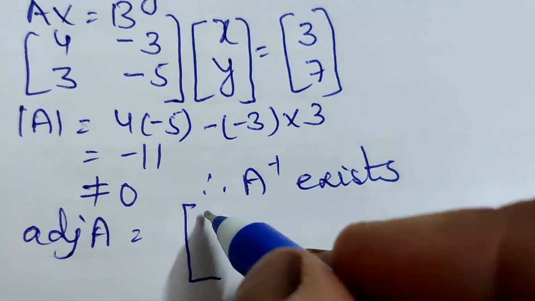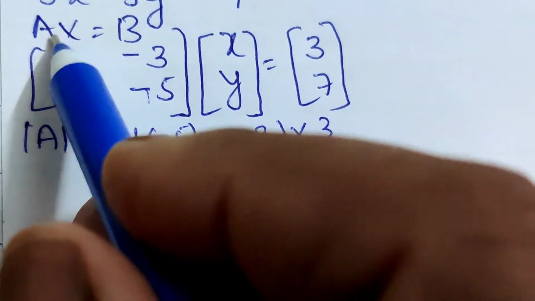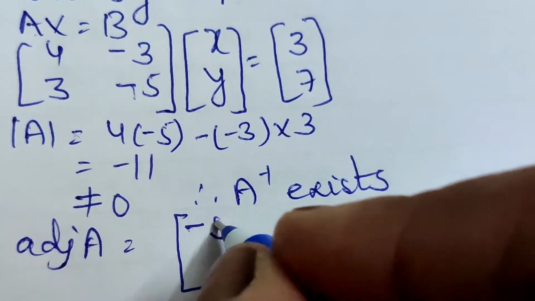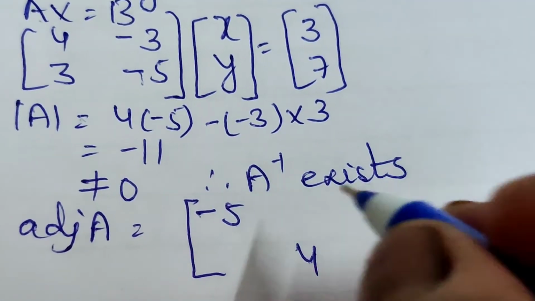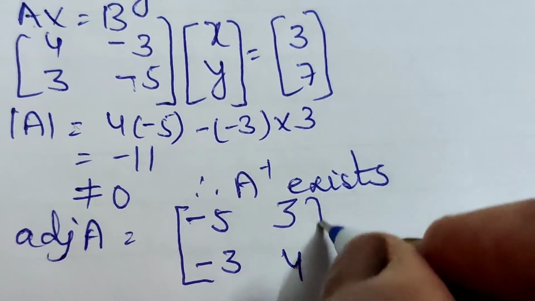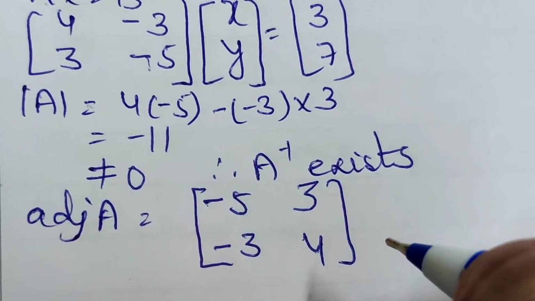Just reverse the 4 and minus 5 and convert the sign. Minus 5, here is the 4, and this one is minus 3, and 3. Okay.